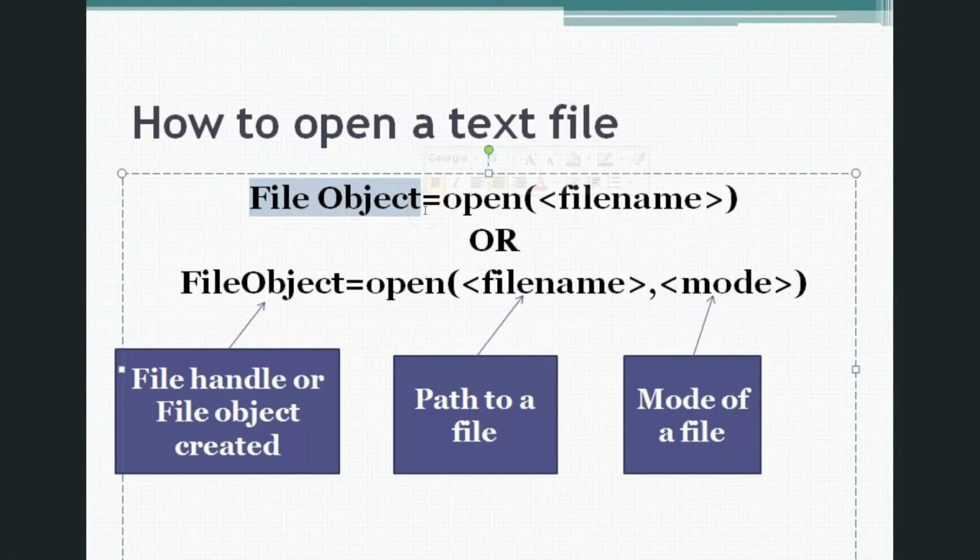To open a text file, write the file object is equal to the open function, and after that the file name. Or else we can open it with file object is equal to open, file name, comma, mode.